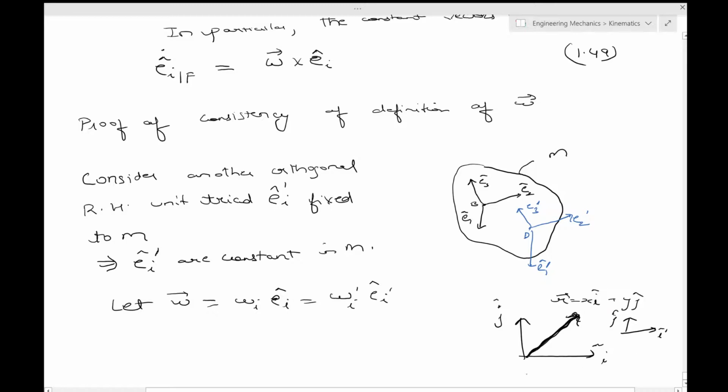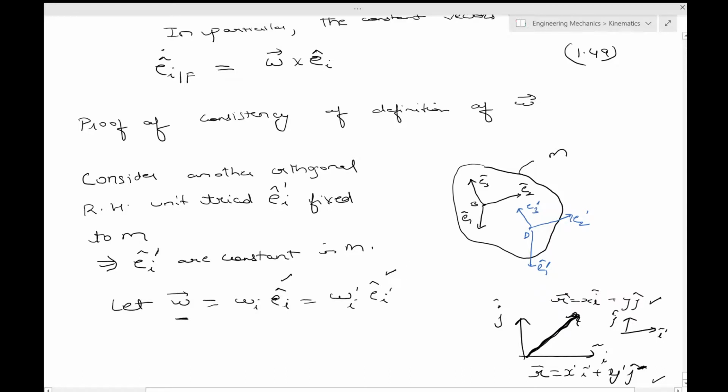The same vector can also be written as x dash i dash plus y dash j dash, using another coordinate system. So the vector remains the same, but the basis vectors in terms of which it is defined are i and j over here and i dash and j dash over here. Similarly, this vector is omega. Here it is defined using e_i's and here it is e_i dashes.